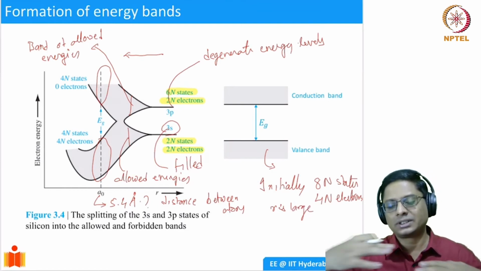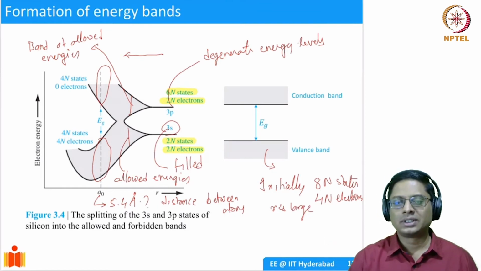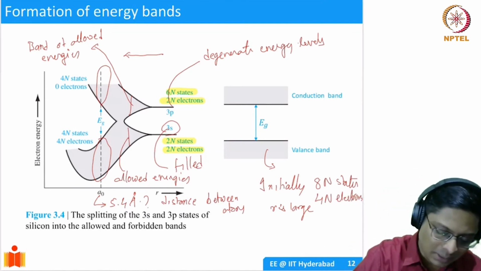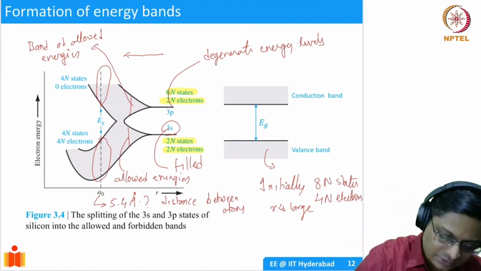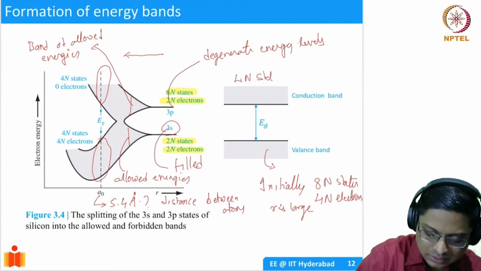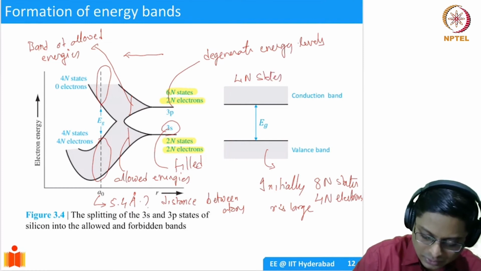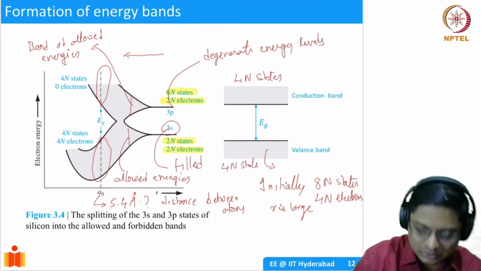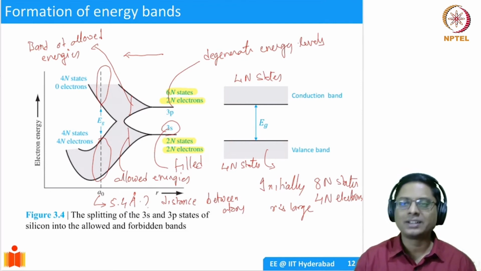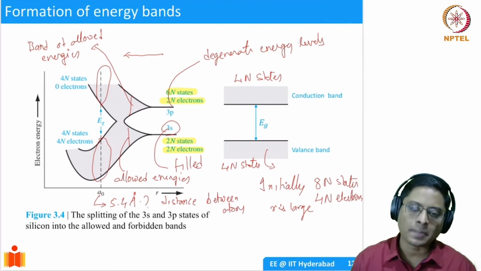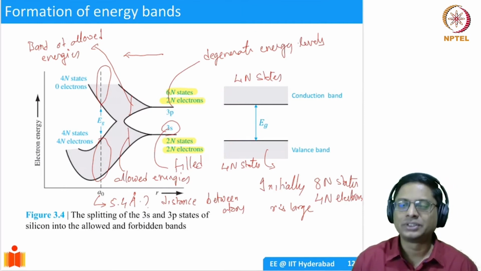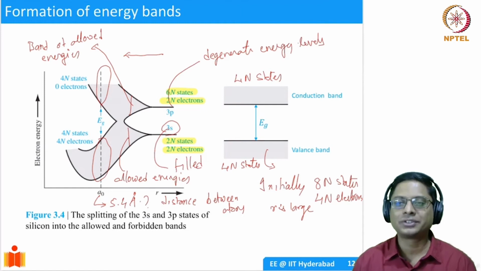But as you brought the atoms closer, this band split up into 4n states in the upper. So here you have 4n states, and here you have 4n states. You have a band of energies allowed in the lower valence band, and the upper one is called the conduction band. Now which of them is filled up? The total number of electrons was 4n.